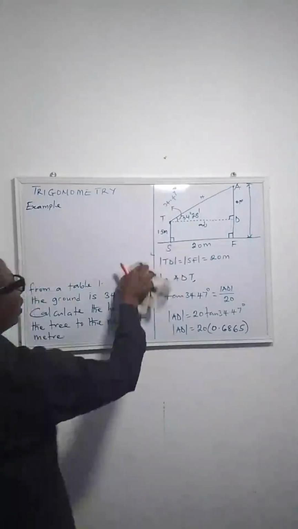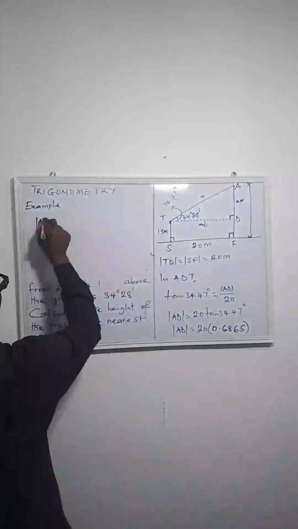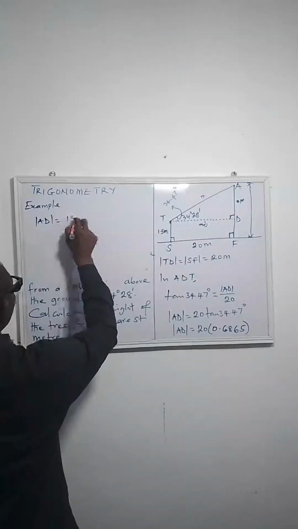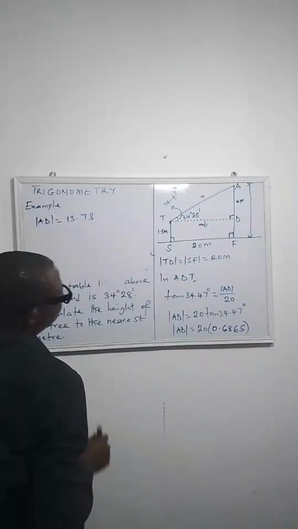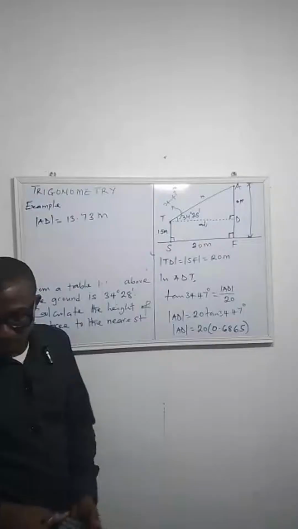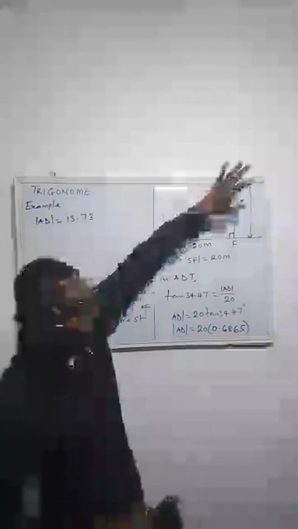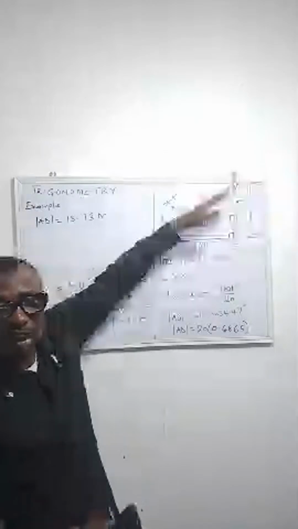Okay, let's put the answer here. That is going to give you AD 13.73 meters, the length AD of the height of the tree.